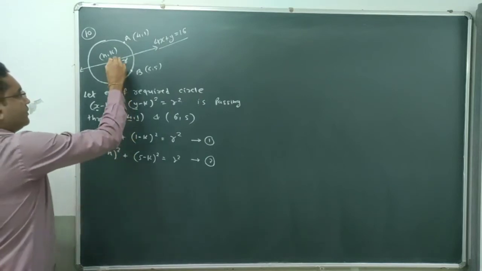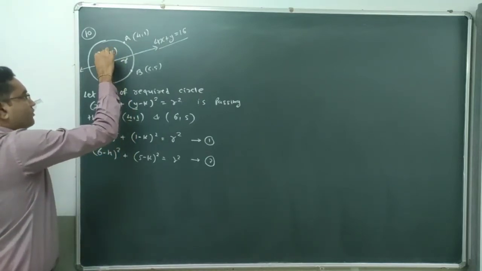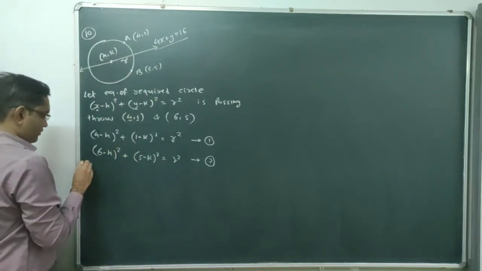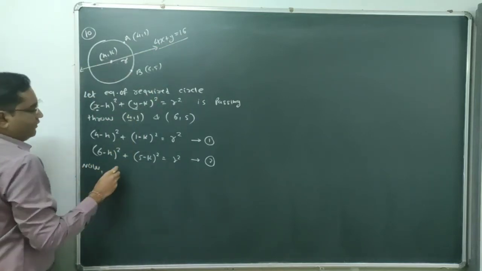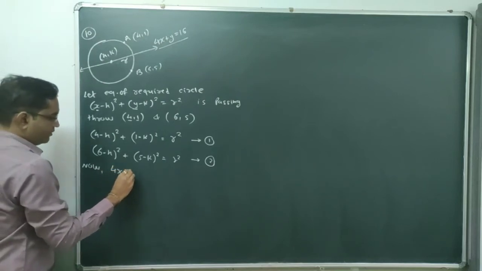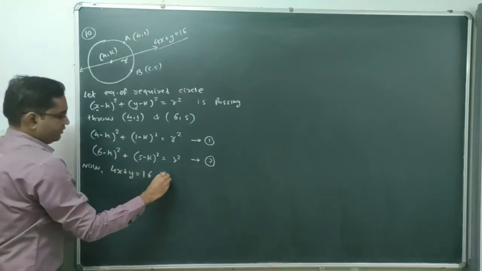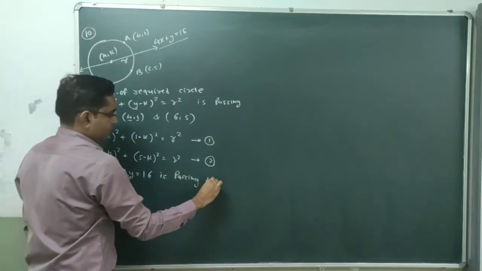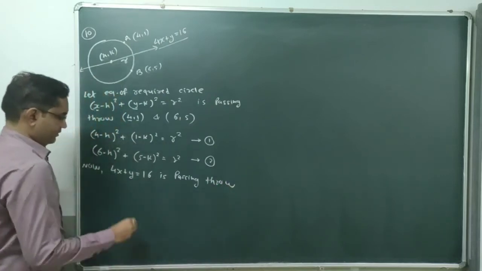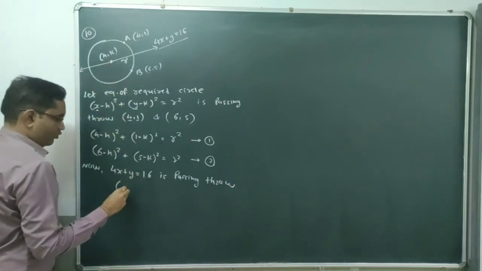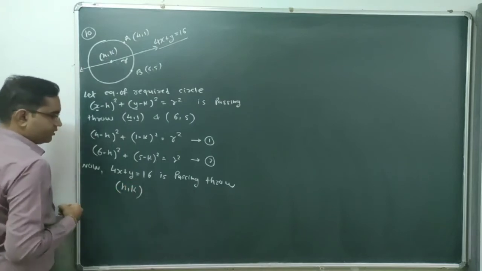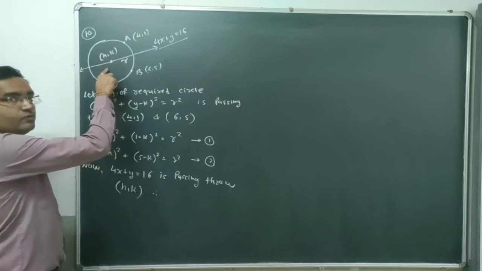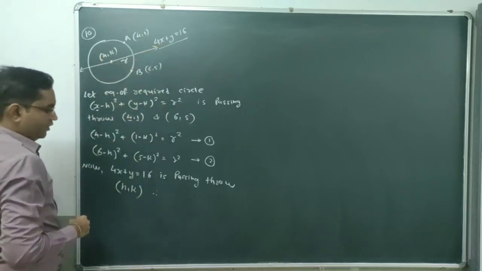Now this is the coordinates of center h comma k through which one line is passing. So now here we can write 4x plus y equal to 16. This line is passing through the point h comma k, which is our center, and hence these coordinates of center will satisfy the equation of line.